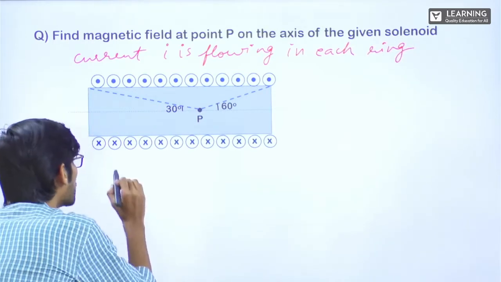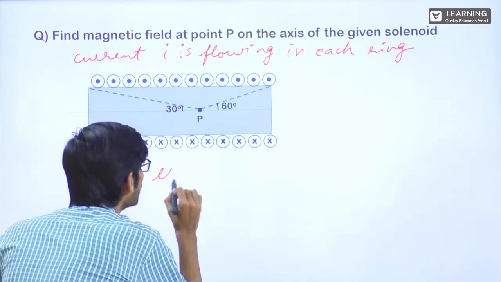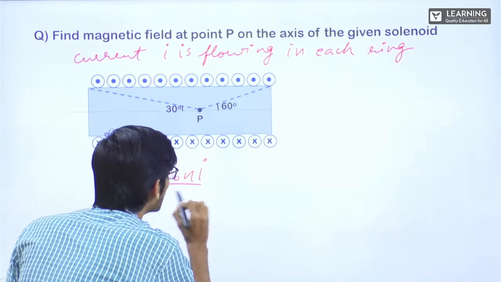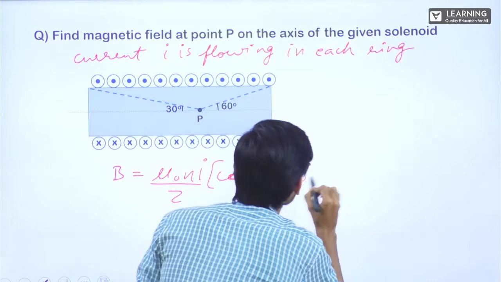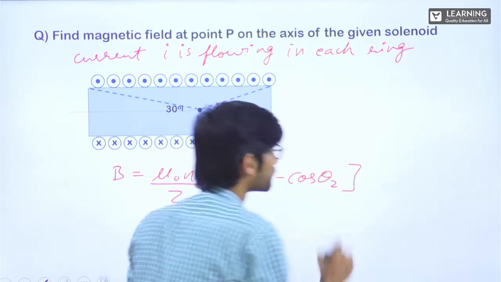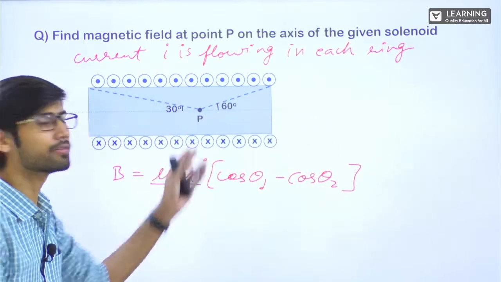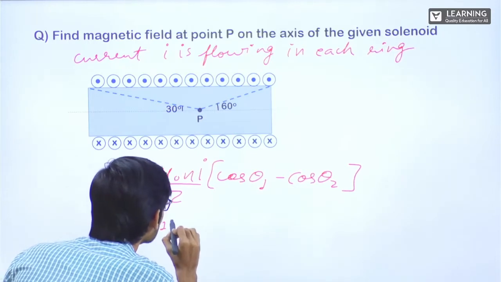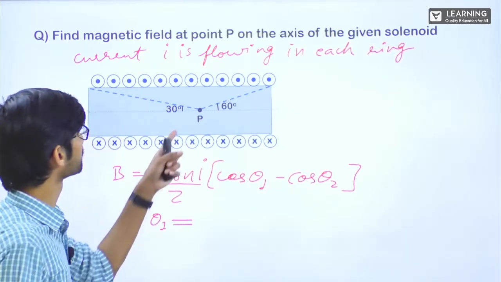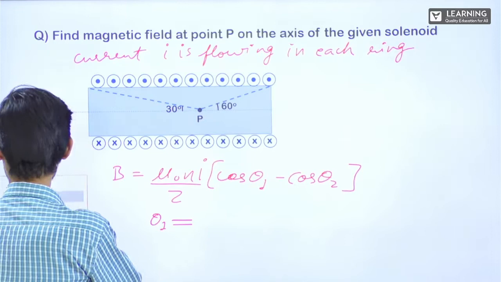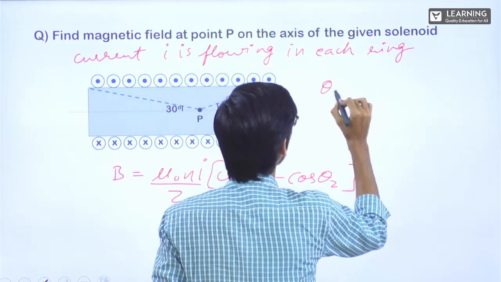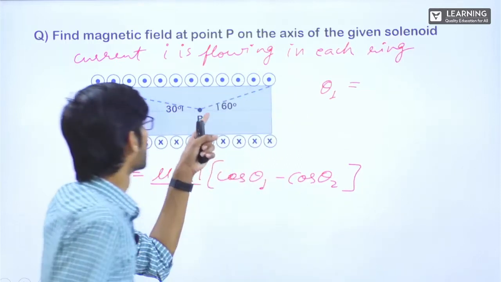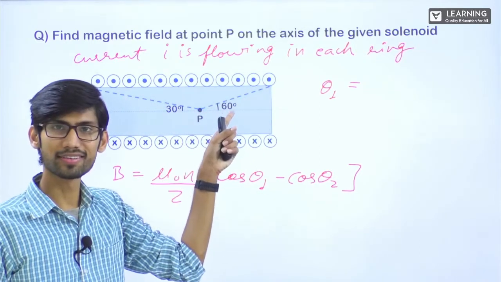So B is equal to, just now we saw the formula, mu naught n I by 2 times cos theta 1 minus cos theta 2. Very simple. Here, what will be theta 1? Theta 1 is equal to 60 degrees?